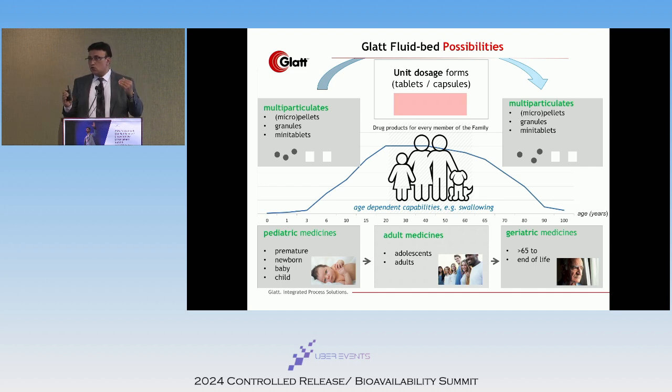Any drug that can be dispensed for an infant as well as a geriatric patient, because drugs like oncology drugs and many others can have application for a wide range of age groups. The process is so flexible.